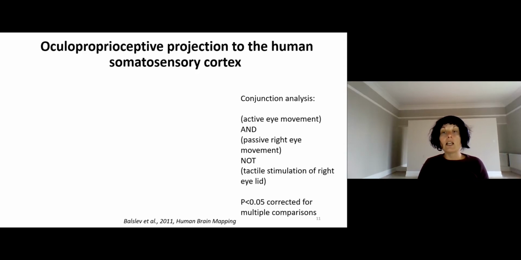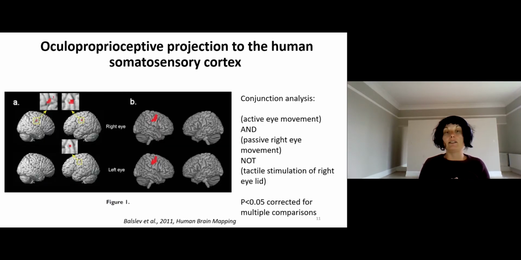So for instance, we wanted to see brain areas that were active during both active eye movement and passive eye movement, but not during tactile stimulation of the right eyelid. And we identified this projection in the somatosensory cortex as well as motor cortex of both hemispheres.